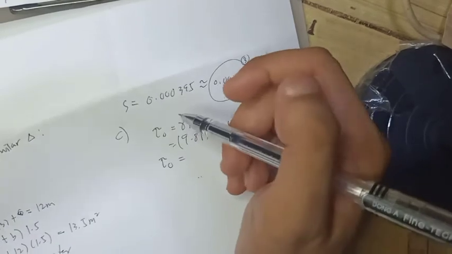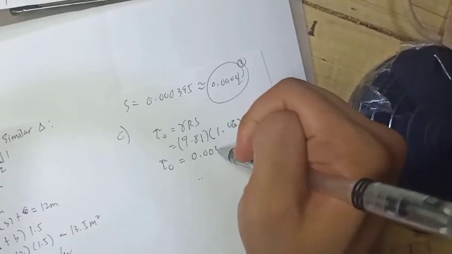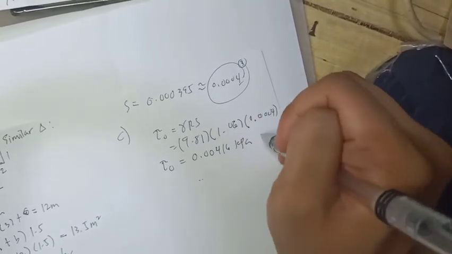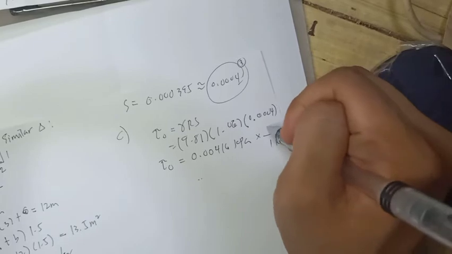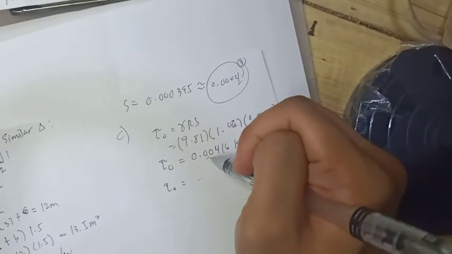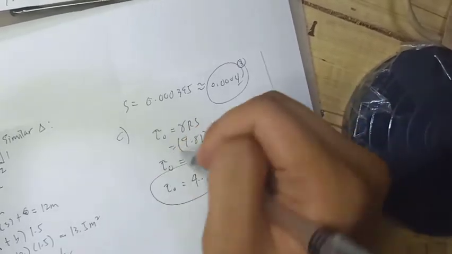So our boundary shear stress is 0.00416 kilopascal. Times 1,000, that is 4.16 pascals. This is the answer.